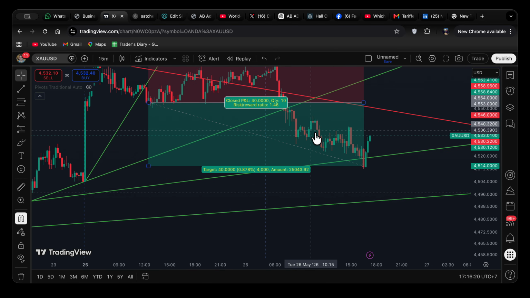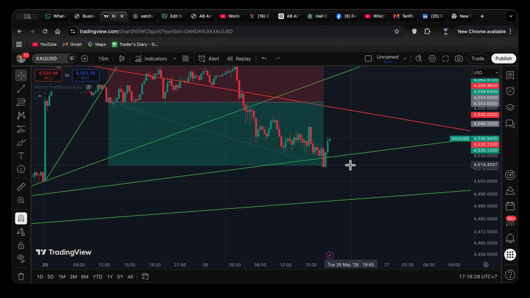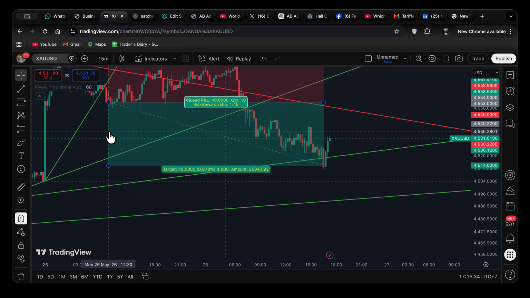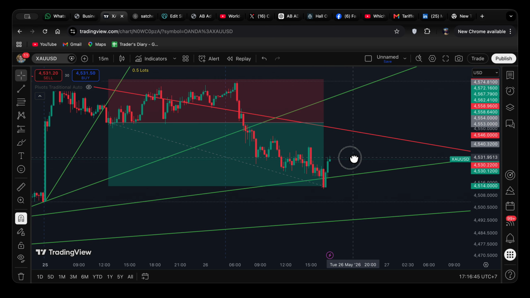and luckily it hit my take profit here today at 4:30 p.m. So I stayed in this trade from 12:30 yesterday lunchtime to 4:30 p.m. So I stayed in this trade for 26 hours, and I got the profit.